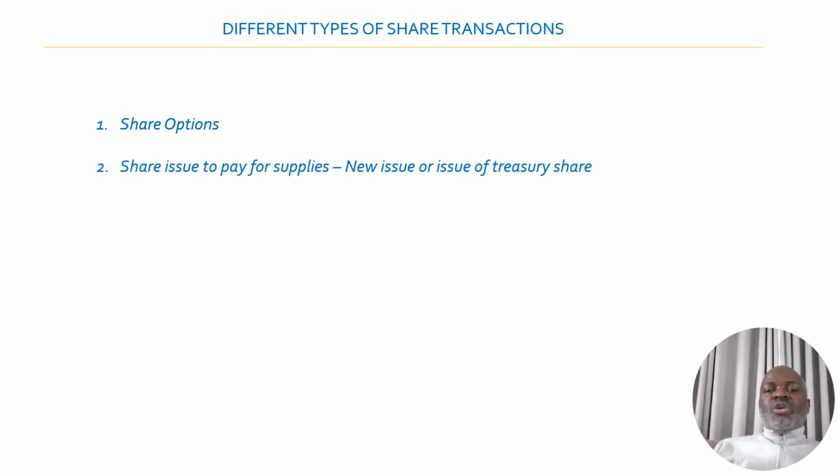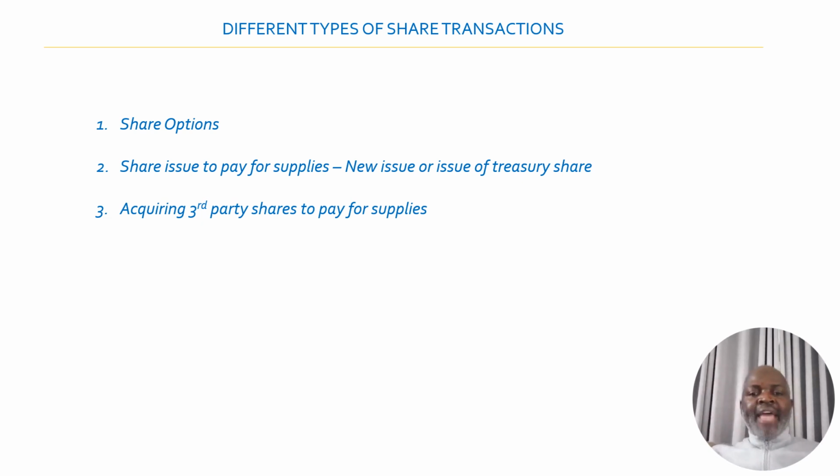After we've understood share options, we want to move into what if you have someone paying for supplies that they received by way of shares, either new shares or taking from their treasury shares. How do you deal with that? What are the tax implications, or tax treatment? What of types of transactions where a person is acquiring third-party shares to then go and pay for those supplies?